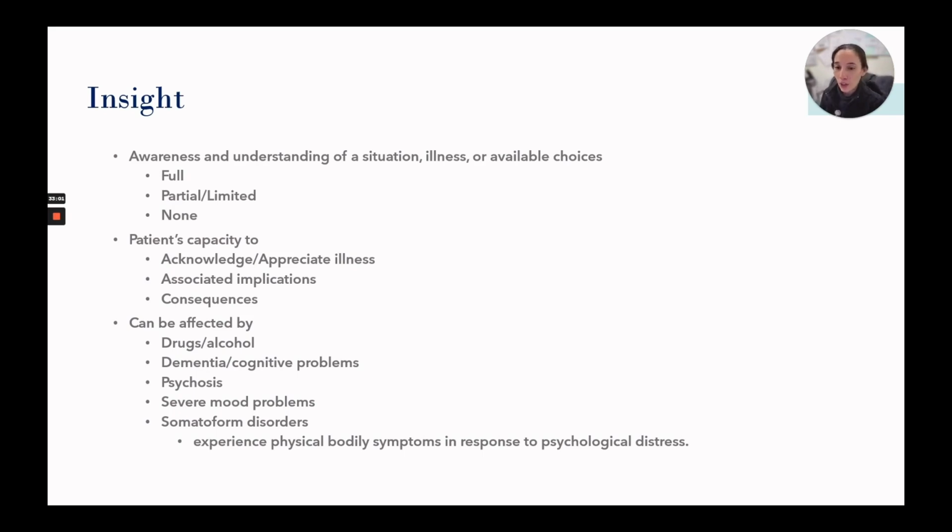Determining a patient's capacity is something that providers do, and they look at situations specifically when it comes to a legal form of capacity. Patients having trouble with capacity can be due to drugs and alcohol, dementia, cognitive problems, psychosis, severe mood problems, or somatoform disorders. This is when they experience physical body symptoms in response to psychological distress.